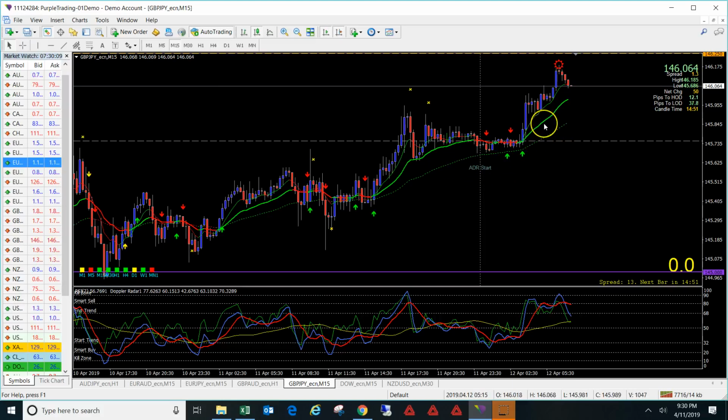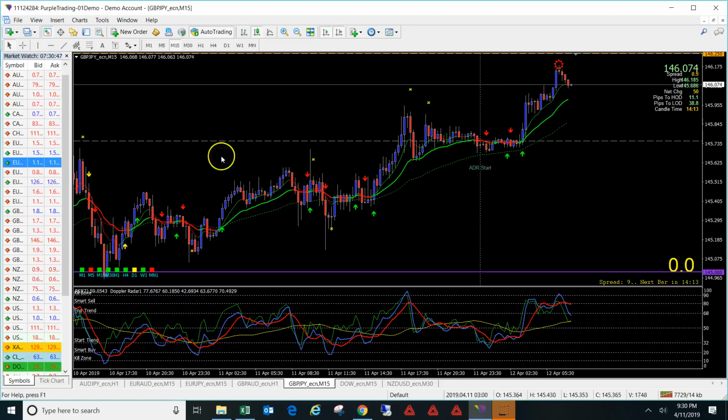When the MAs are spread out, that's usually a good sign that the trend is still pretty strong. So GJ is in an uptrend, and they're spread out, so it's still got some good strength to it.